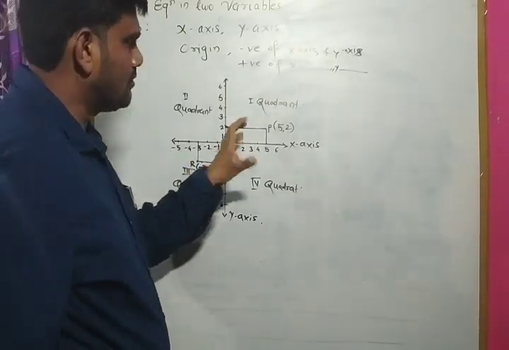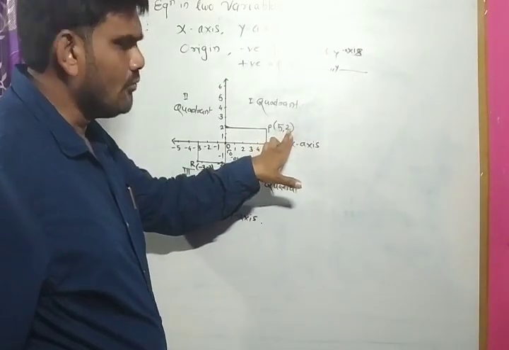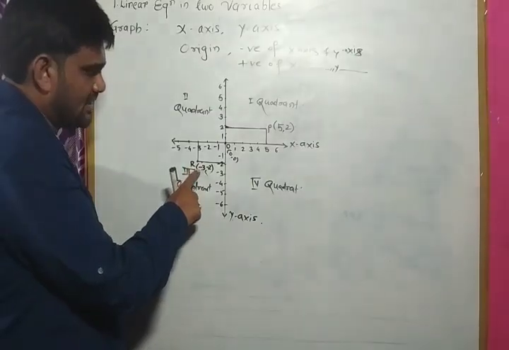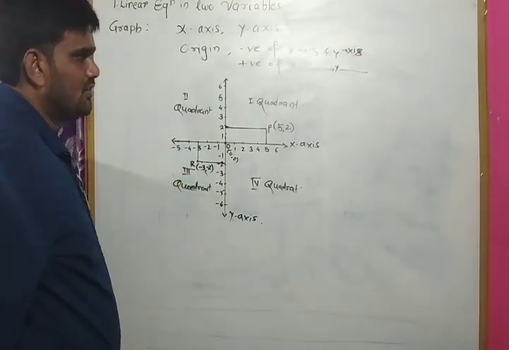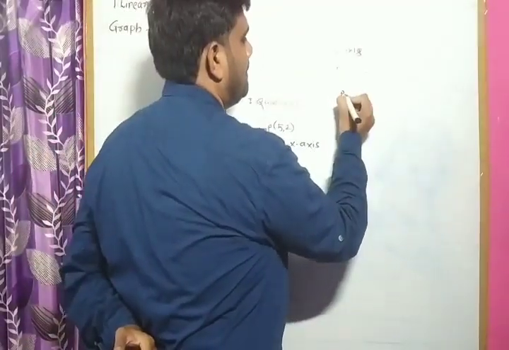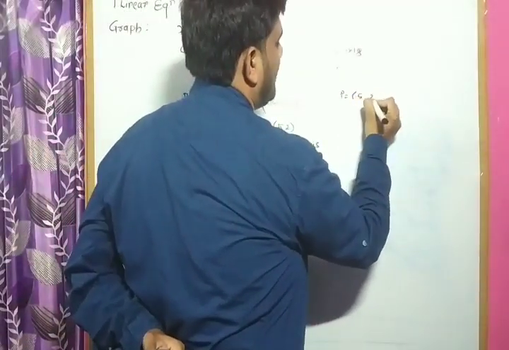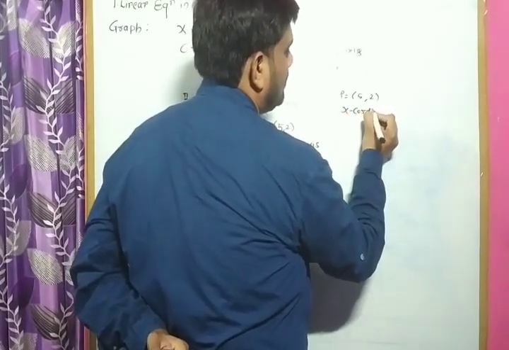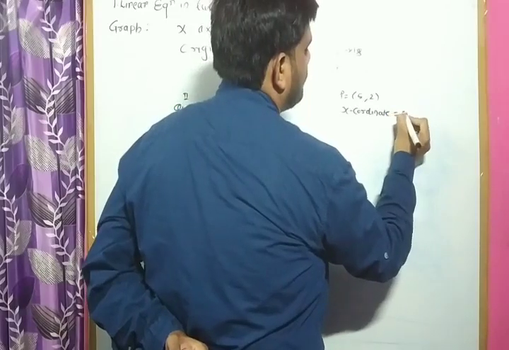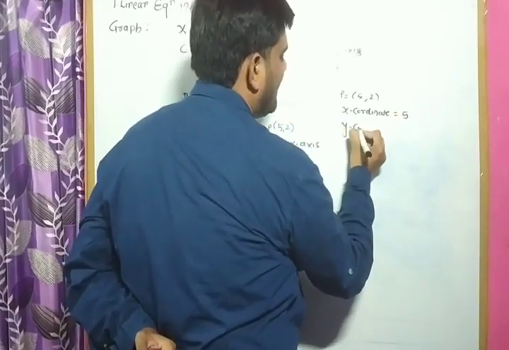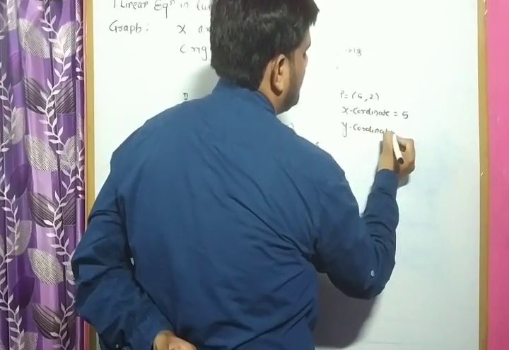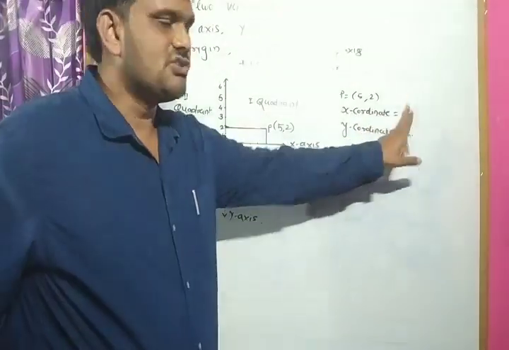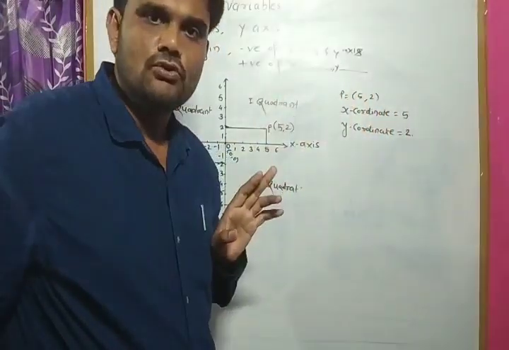Students, you have to see here. Here it is 5, 2, the coordinate of P, and the coordinate of R is -3, -2. Now see the difference. For P, 5, 2, the x coordinate is equal to 5 and the y coordinate is equal to 2.